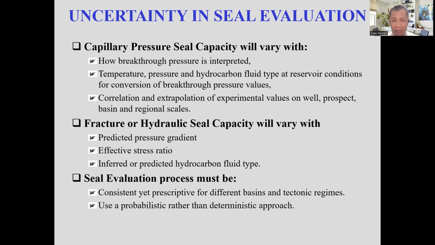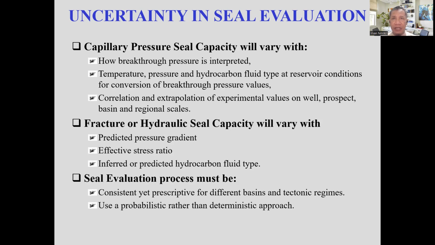Factors such as interpretation of breakthrough pressure, reservoir condition, experimental data, extrapolation, pressure gradient, stress ratio, and the fluid type prediction contribute to the uncertainty. To address this situation, the seal evaluation process aims to be consistent across different geological basins and tectonic regimes, utilizing a probabilistic approach rather than a deterministic one.